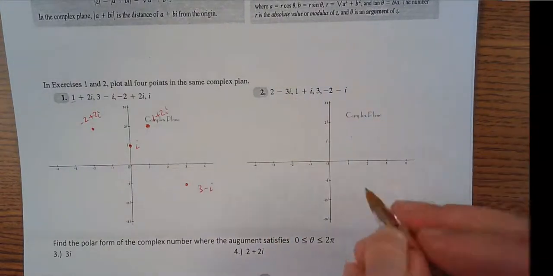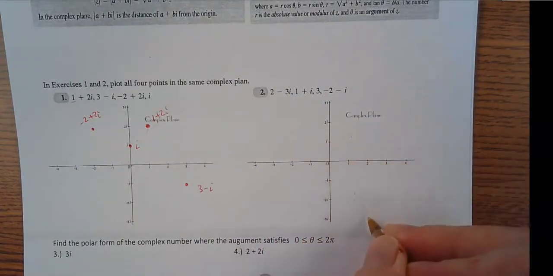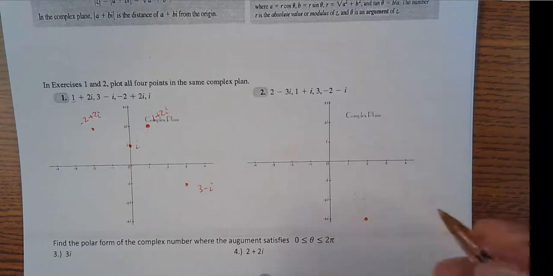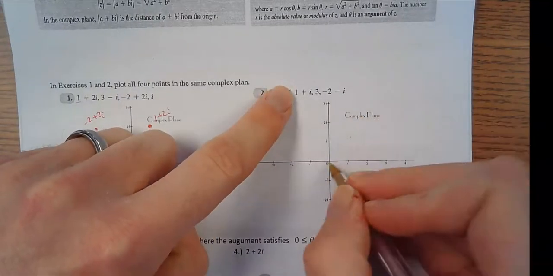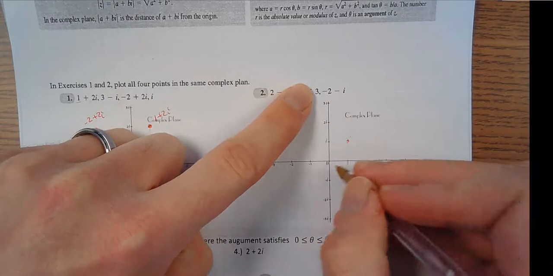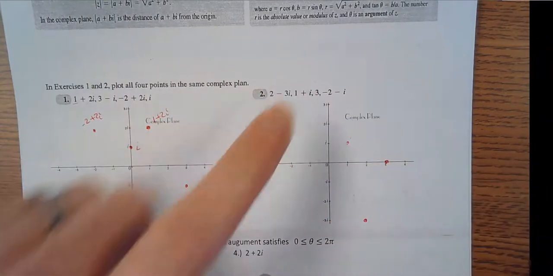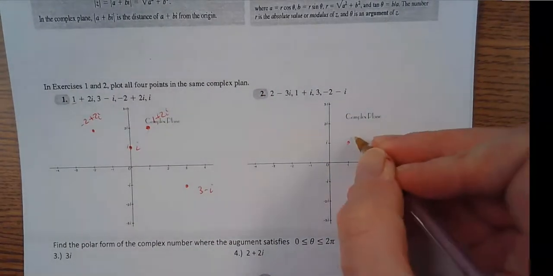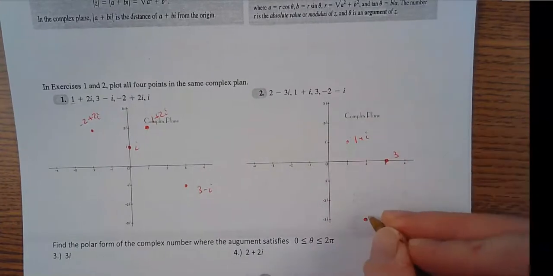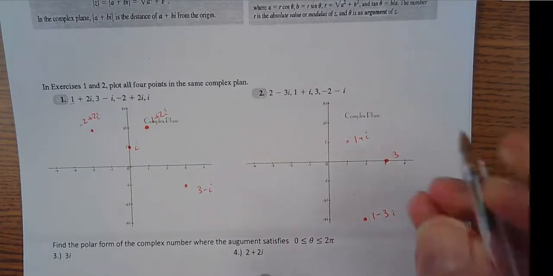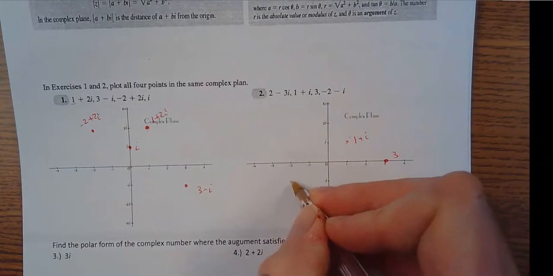So plot these guys here. So 2, negative 3. 1, positive 1, just the number 3 would be right there. And this was 1 minus 3i. And then negative 2, negative i would be right here.